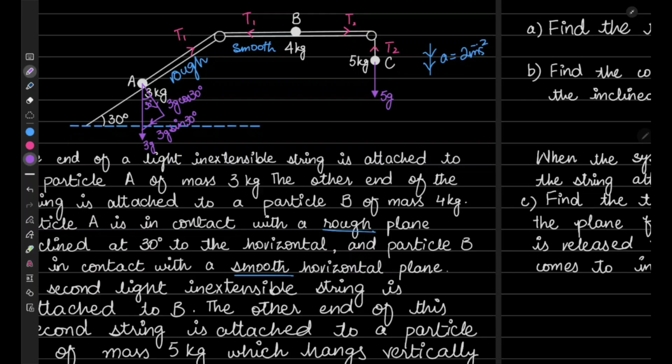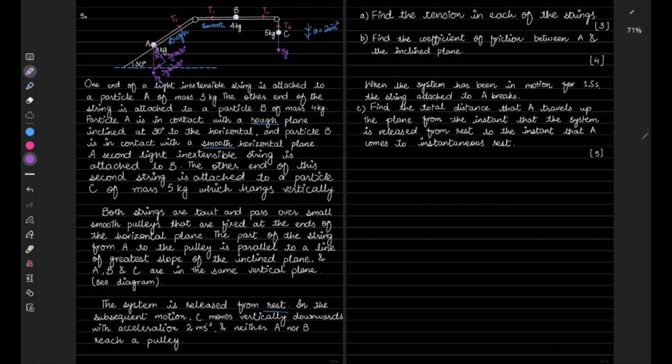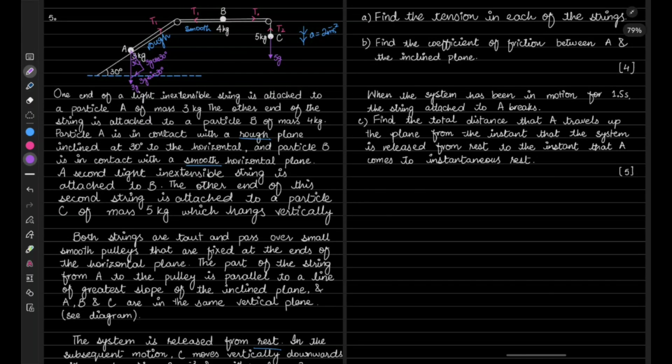Yeah, that's it. Now, when we need to find the tension, let's take the first thing. Wherever there is acceleration mentioned, we apply forward minus backward equals ma. What is the forward force? 5g.